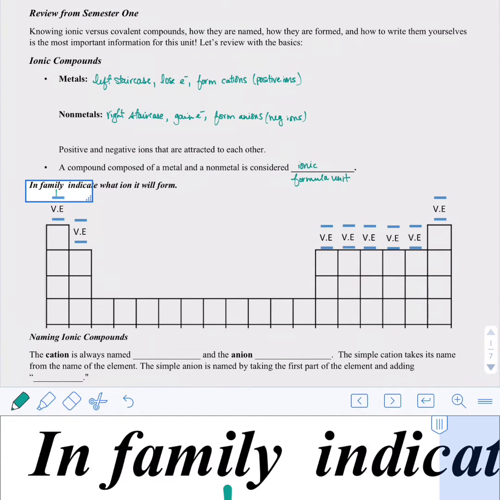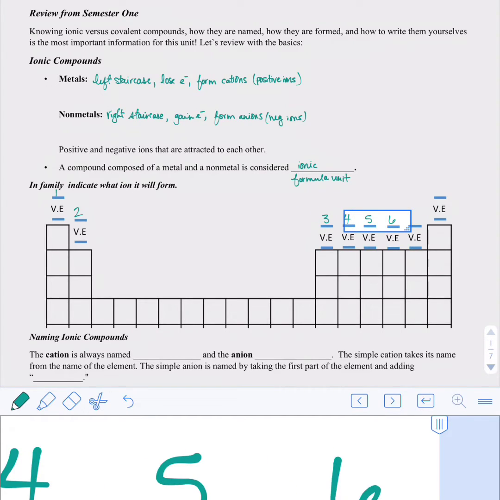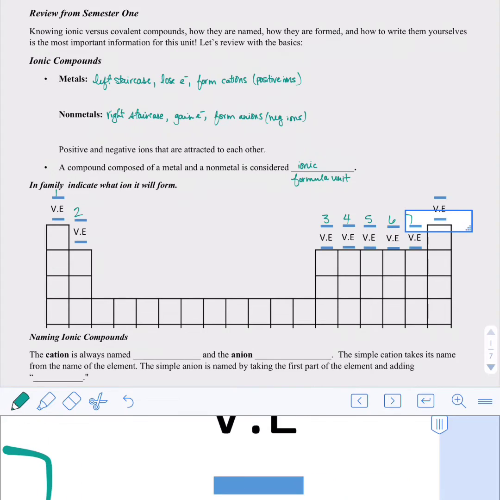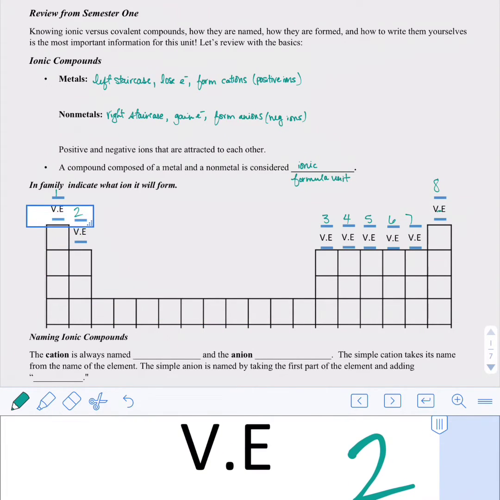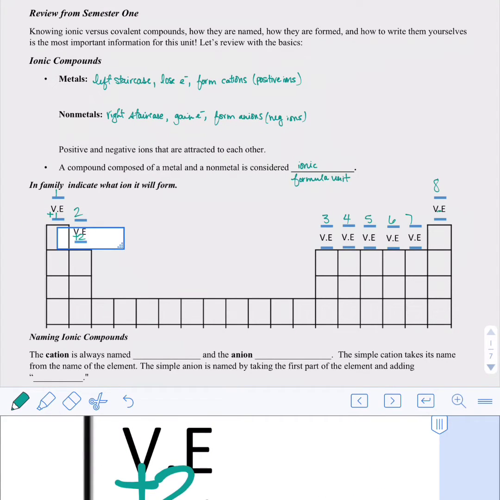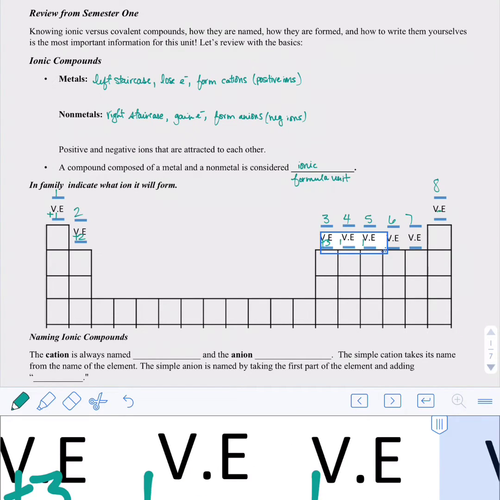Okay, so this has 1 valence electron, 2 valence electrons, 3, 4, 5, 6, 7, and then 8 valence electrons. And this group tends to lose 1 electron to fill its octet. This will lose 2, this will lose 3. It's just as easy to lose 4 as it is to gain 4, so it's plus or minus 4.